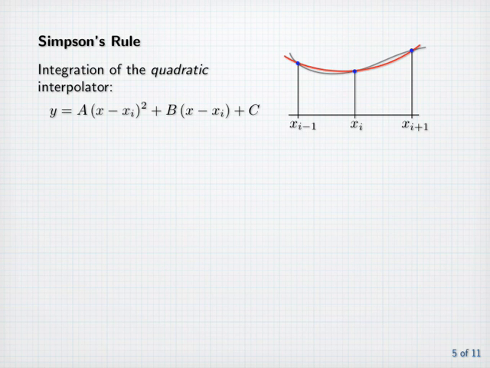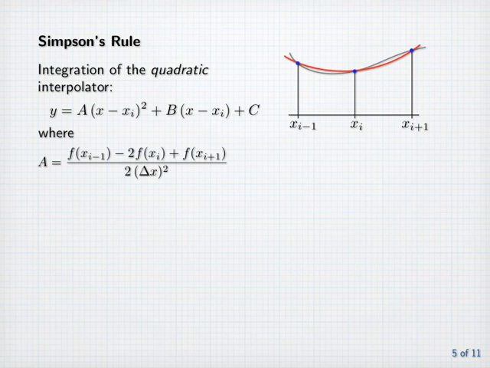b times (x minus xi) plus c, where it turns out that a, b, and c are as follows. A is equal to f of xi minus 1 minus 2 times f of xi plus f of xi plus 1, all divided by 2 times the square of delta x.